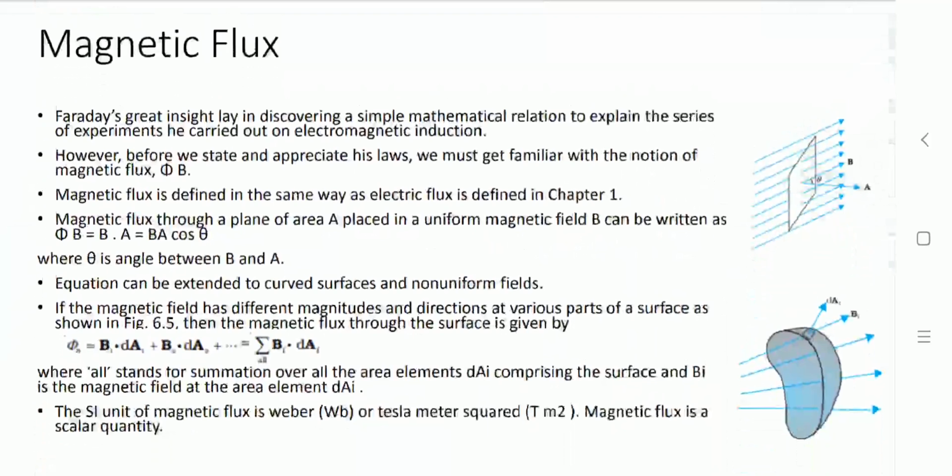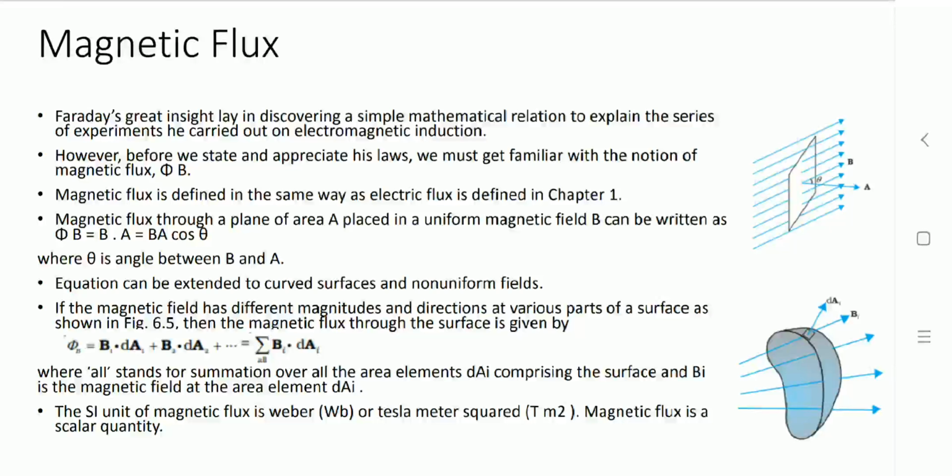Magnetic flux. Here, magnetic flux basically gives you a relation between a magnetic field and the area. Take a conducting material through which a magnetic field is passing: the direction of the magnetic field and the orientation or area of the material give you the flux.